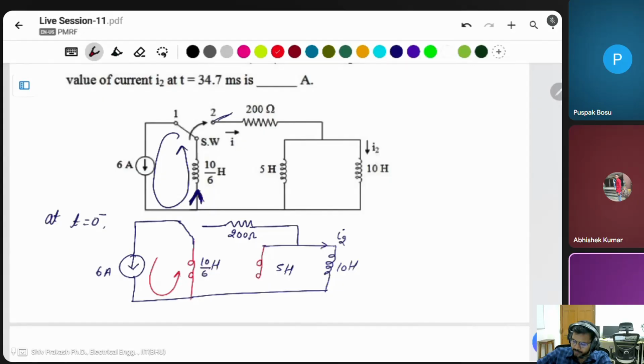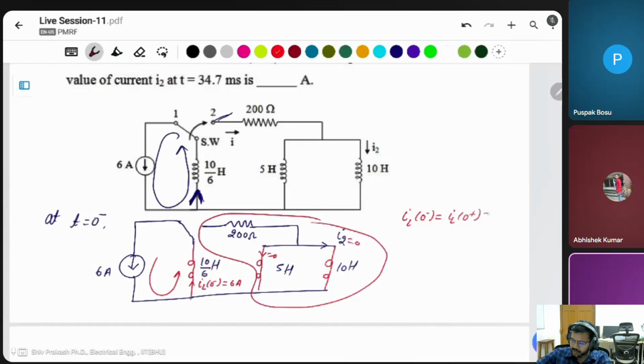Okay. With the short circuit, there is no meaning of these two inductors. All the current passing through them is zero. Only this current is there. IL(0 minus) is equal to 6 ampere. Then you can write IL(0 minus) is same as IL(0 plus) is equal to 6 ampere. This current is 0, no need to check. I2 is also 0.